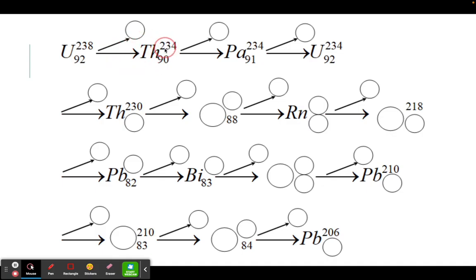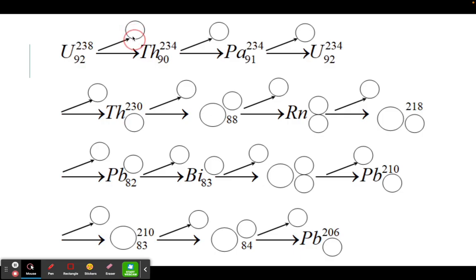It's going to become thorium-234, with atomic number 90. You can pretty much figure out from the numbers what this particle is. Going from 238 to 234, the mass number decreased by 4, so this particle has a mass number of 4. And you can see that it went from 92 to 90, so it lost an atomic number of 2.